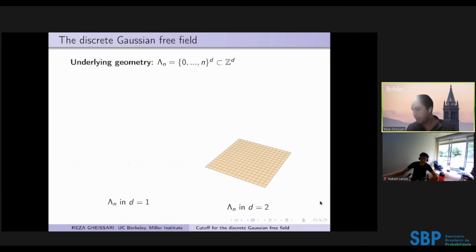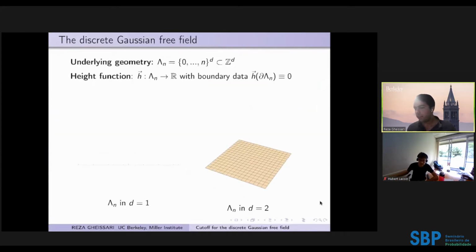The underlying geometry we're going to be considering is an n by n by n cube in Z^d as an index set. So I'm going to use Lambda_n to denote that. And so here's Lambda_n in dimension 1 and Lambda_n in dimension 2, for instance.